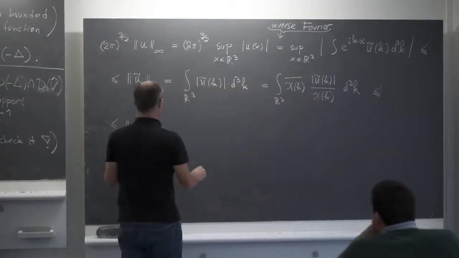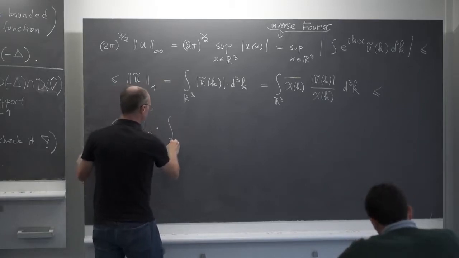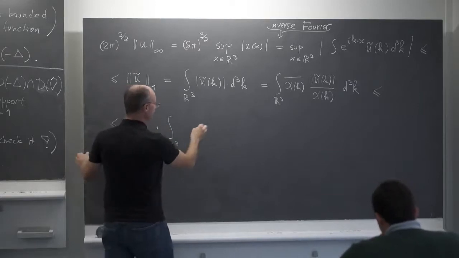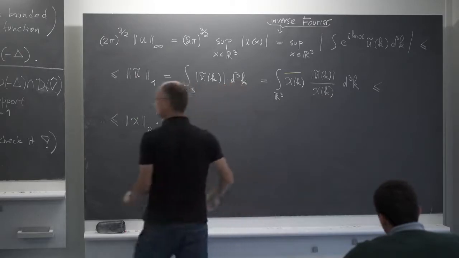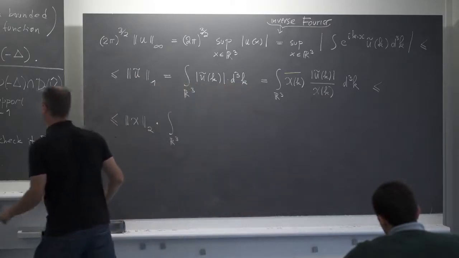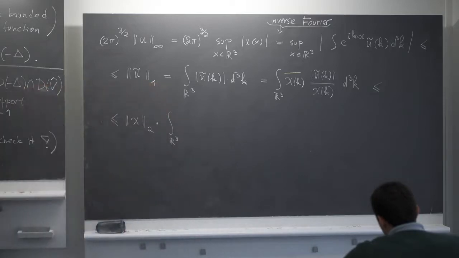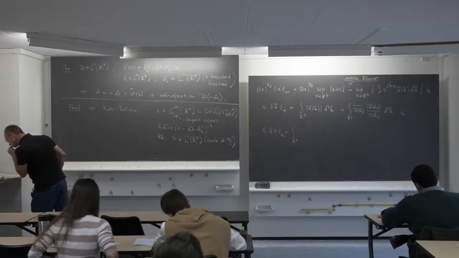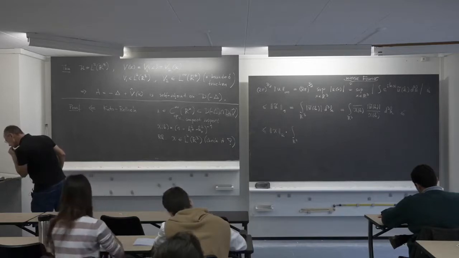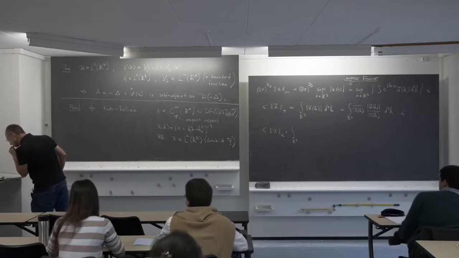So let's have a look. What is it? So the L2 norm of that guy is 1 over chi squared, which is... is it what I want?